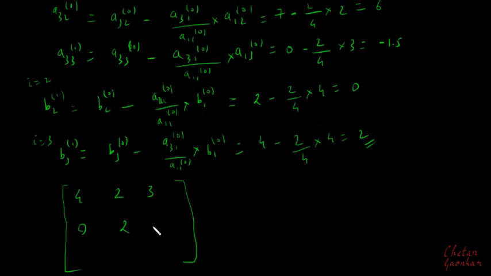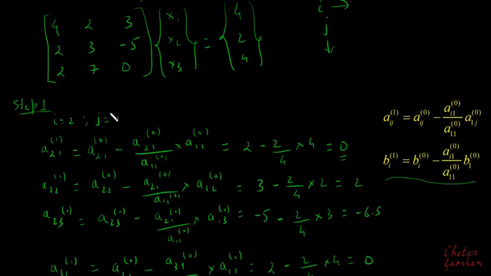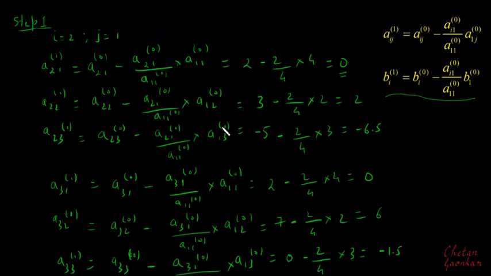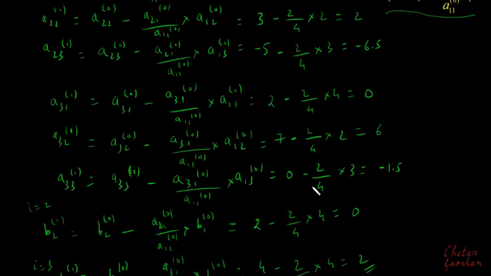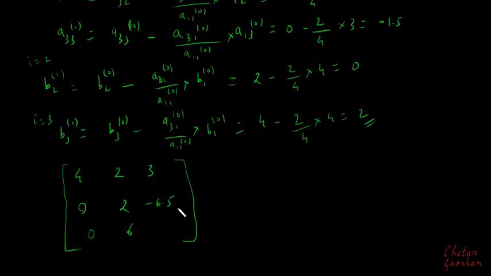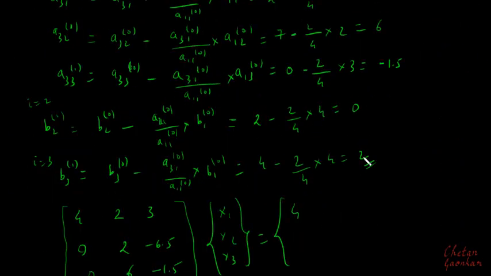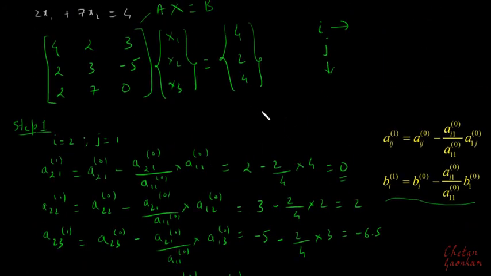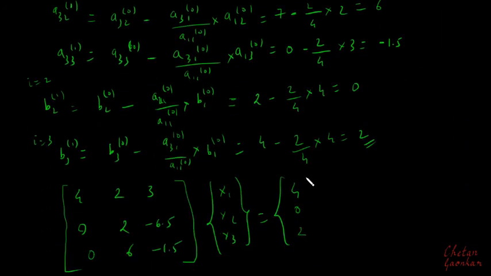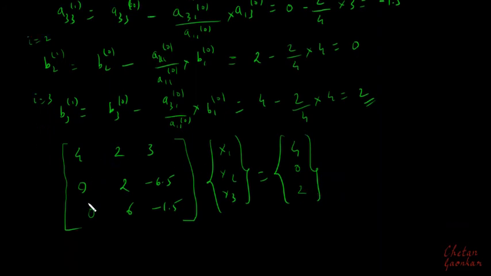And even this will become 0, and then this 2 has become 0, this 7 has become 6, and 0 has become minus 1.5. This term will remain as it is, x1 x2 x3, and then this forcing function will remain as it is, 4, but this 2 has become 0, and this 4 has become 2. So after step 1, we get this as our new matrix.